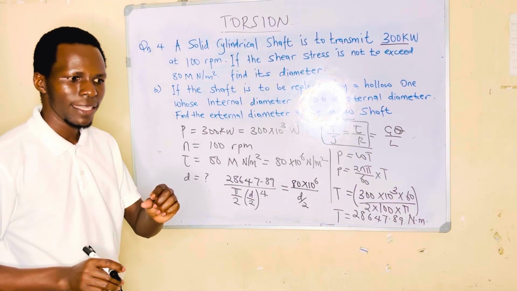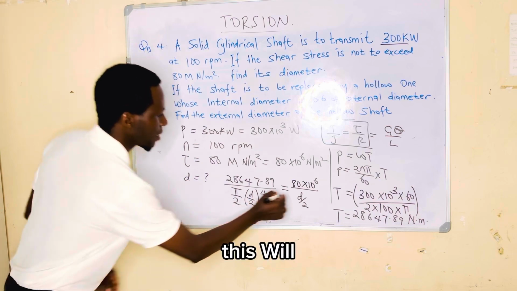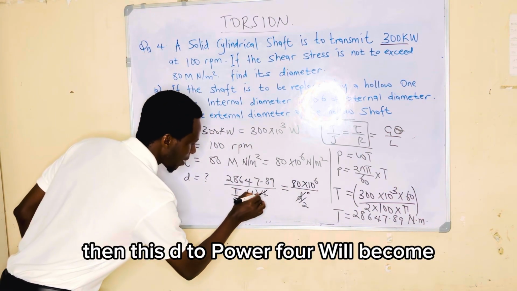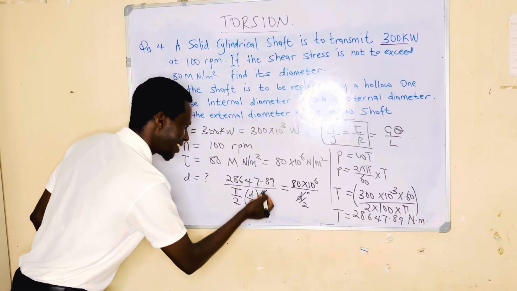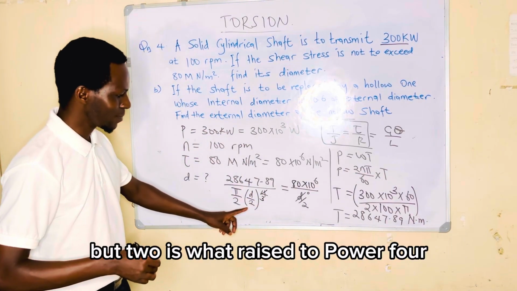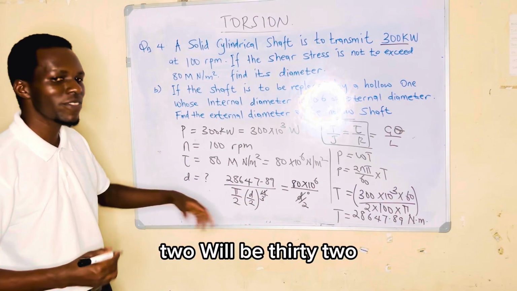So from this expression, we can simplify to come out with the value of D. It is quite simple because I just need to rearrange it. This D to power 1 will become D to power 0, then this D to power 4 will become D to power 3. But remember, that is only for D, but 2 is raised to power 4, so that is 16. 16 times 2 will be 32.